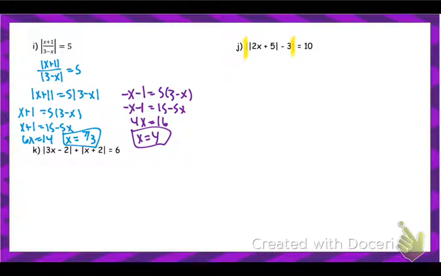One equation is taking whatever's in that absolute value and making it positive. Equation number 2 is taking whatever is inside that absolute value and making it negative, which would be the negative absolute value of 2x plus 5 plus 3 equals 10. So those are the two equations that split from that yellow absolute value.